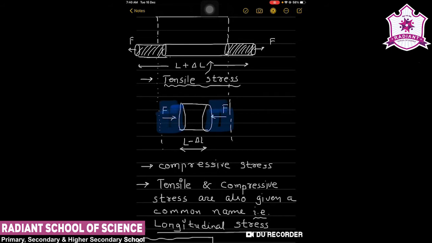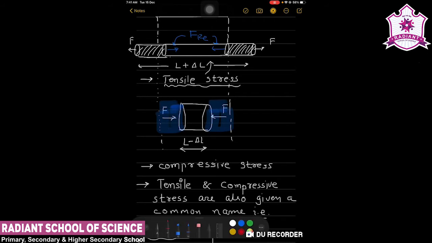Now, it is very clear that under the tensile stress, the length of the substance increases and it becomes L plus delta L. But at the same time, the restoring force is exerting on the body in the opposite direction to the external force.